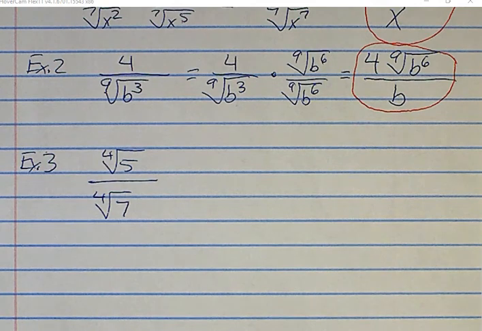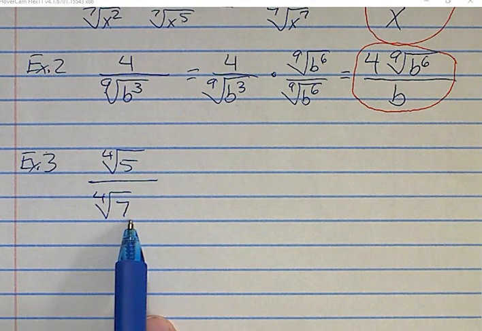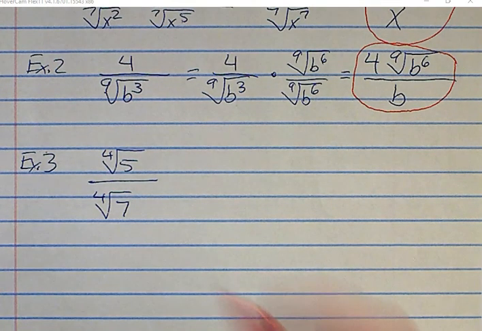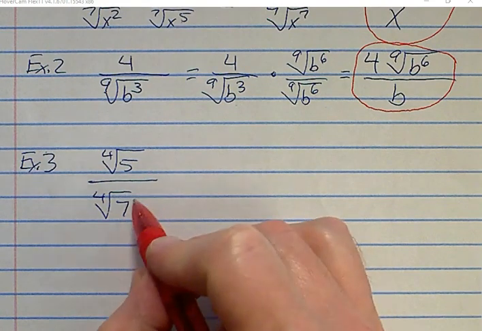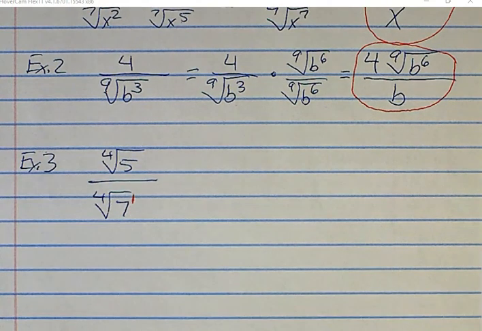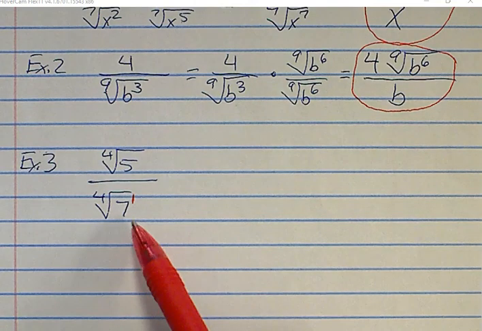Sometimes people get to this one and they go, okay, what do we do here? Still going to do the same thing. You're still going to subtract the exponents. And people go, well, 7 doesn't have an exponent. Well, if it doesn't have an exponent, what's it understood to be? How many 7s are right there? Just 1, right? Well, right now there's 1, but we're going to need 3 more.